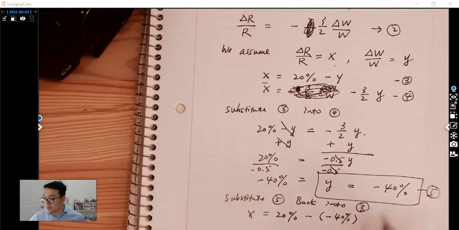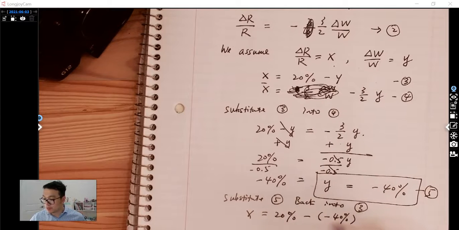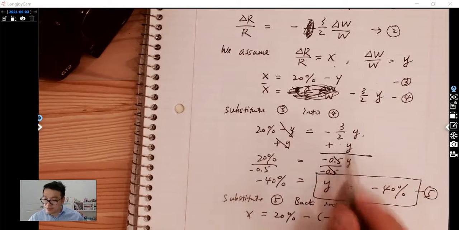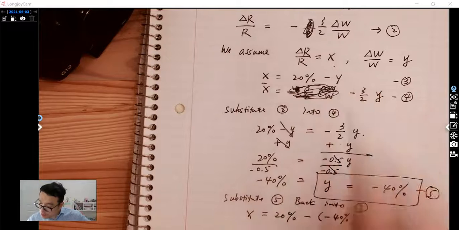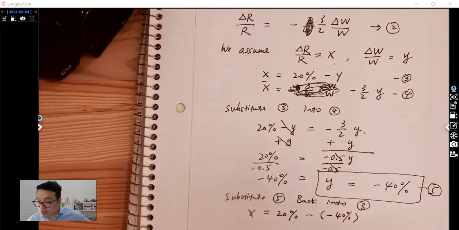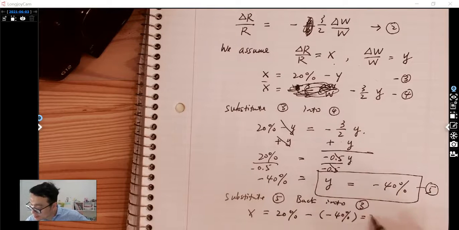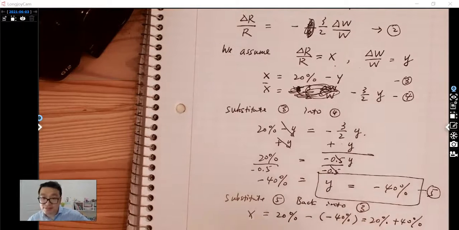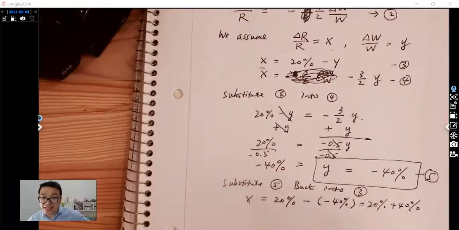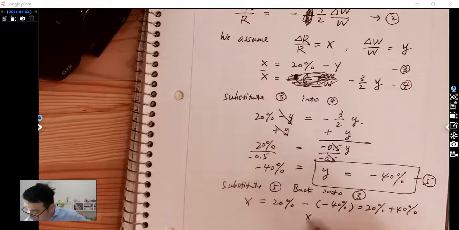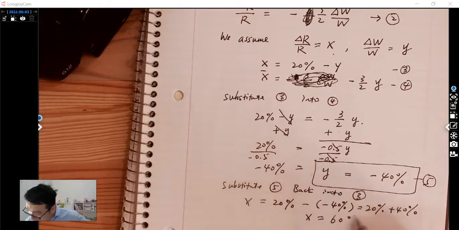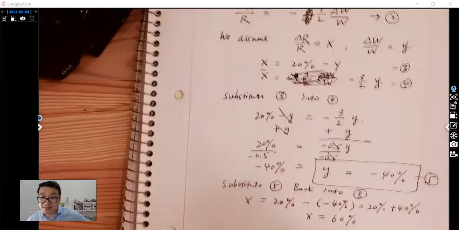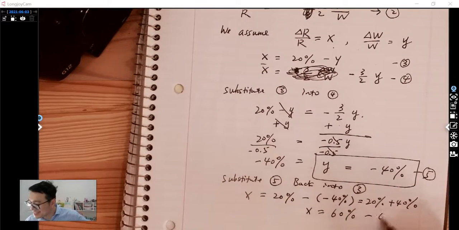Remember, you should include the negative sign there. Otherwise, it will be different. So 20% minus Y, Y is negative 40%. And this minus this negative sign becomes the plus. So this is going to be 20% plus 40%. So we finally got what we want here: X equals 60%, which is number 6.